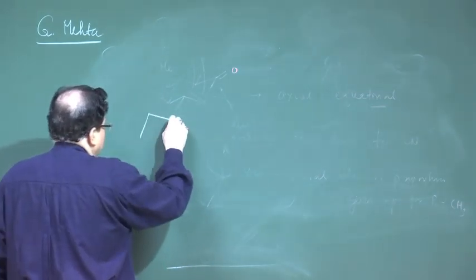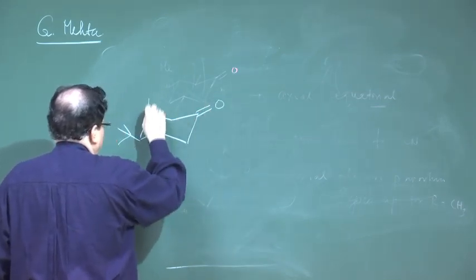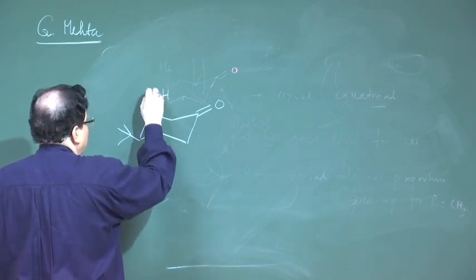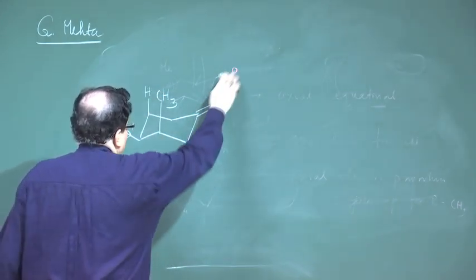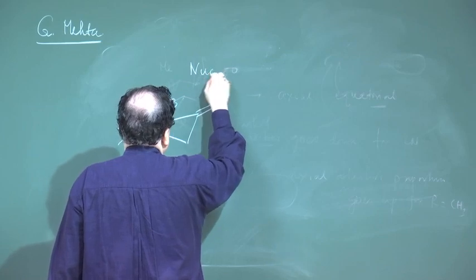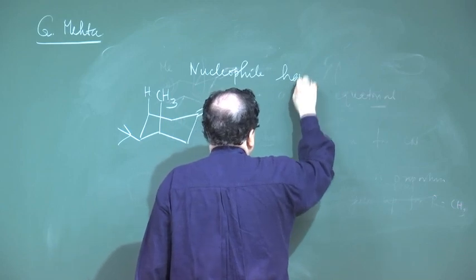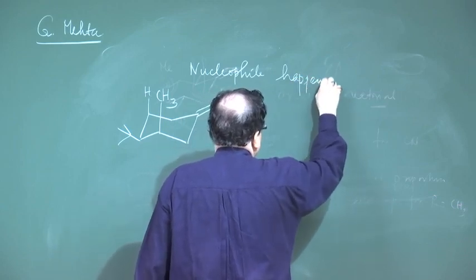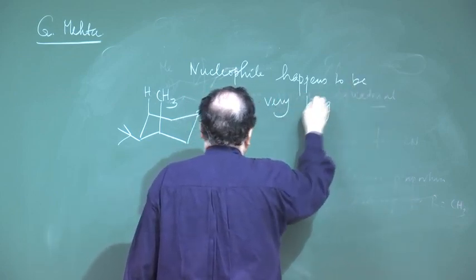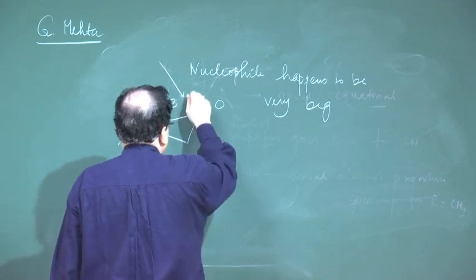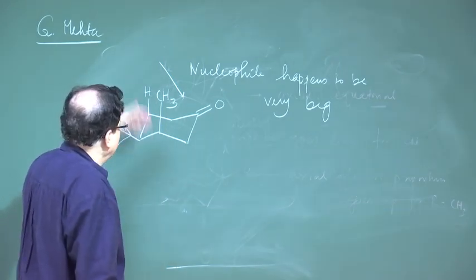One more point I always want to mention here: if the nucleophile happens to be really very big, or suppose you have a methyl here and a hydrogen, so you have an axial methyl, and your nucleophile happens to be very big, then whatever stability we are talking about of the antibonding orbital will all be washed out by the steric effect.